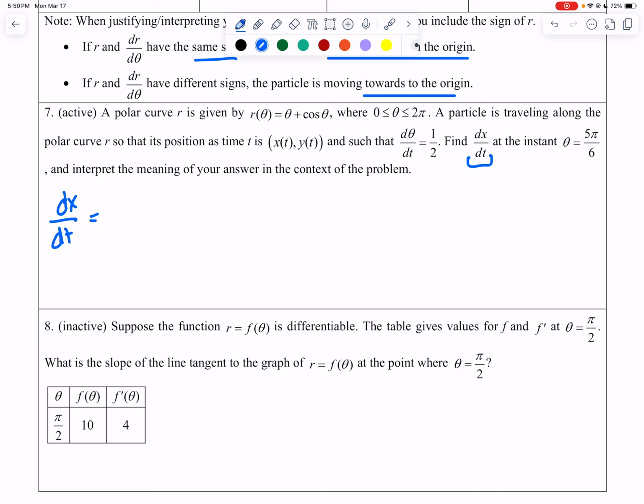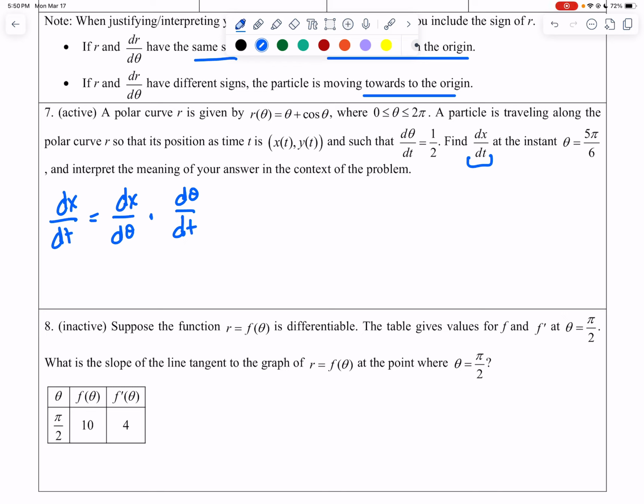We have x's, we have thetas, and we have t's. So I'm trying to connect all of those 3 variables with dx/dt. So I'm going to have dx/dt being equal to dx/dθ, the derivative of x with respect to theta, times dθ/dt right here.